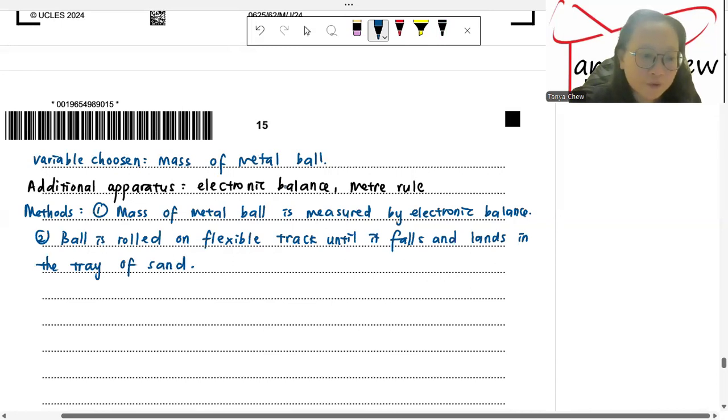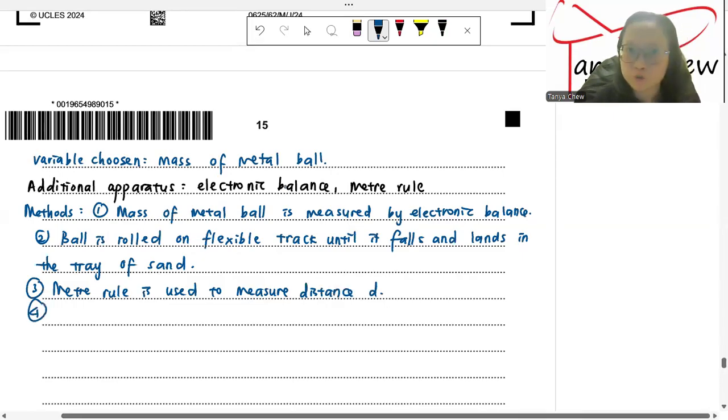Third, a meter rule is used to measure distance d. And don't just stop right there, because you have to repeat the experiment.